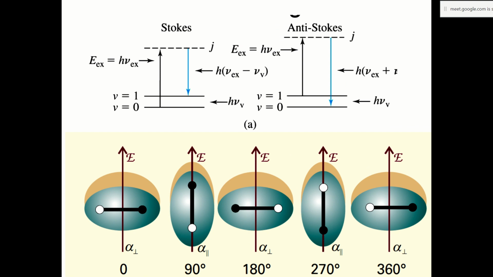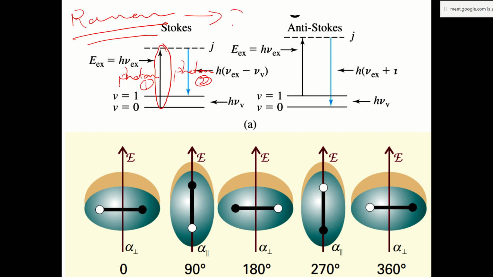So one more thing is important here. You can see here there are two photons involved in the process. Photon 1 and photon number 2. So Raman spectroscopy, it is a two photon process.